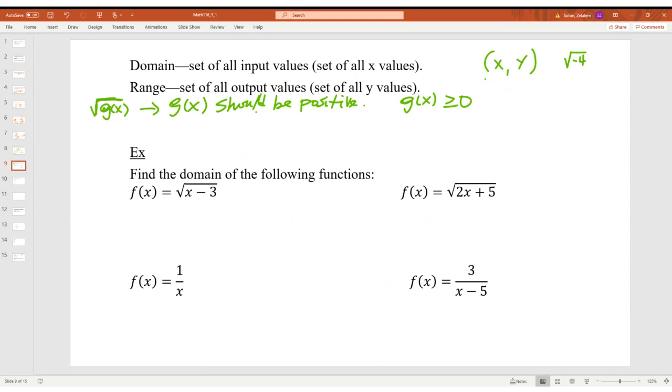The second one is, let's say you have 1 over f of x, a fraction, or some constant c over f of x. If you have an expression in the denominator, that expression should not be 0. f of x cannot be 0, or f of x should be different from 0.